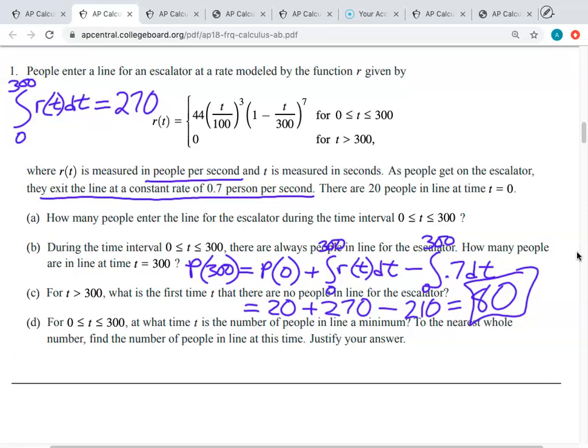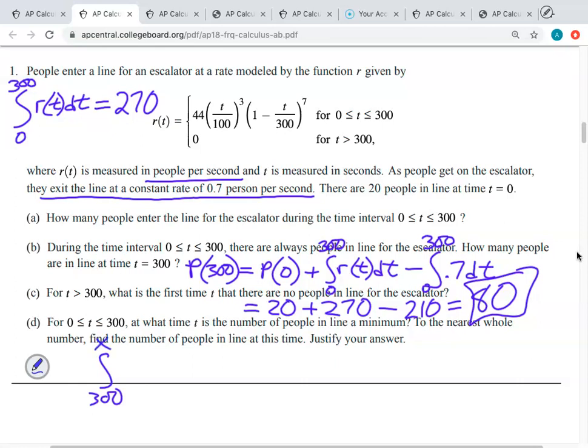Does anyone else get in line after time 300? No, because for all times greater than 300, our rate of people getting in line is 0. So once 5 minutes have passed, the only thing happening is people are getting out of line and getting on the escalator.